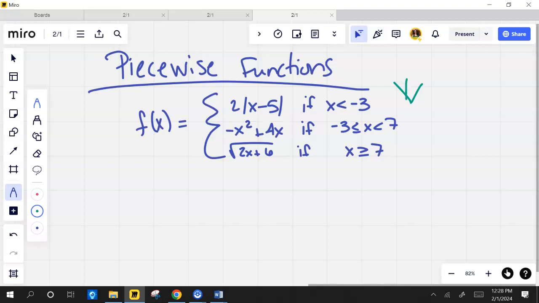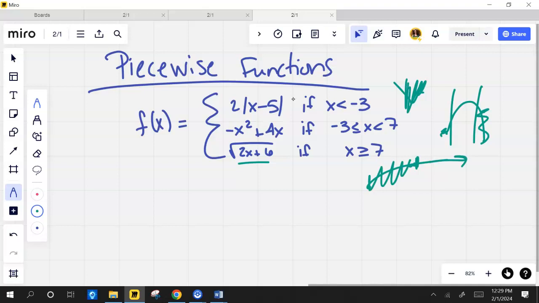So wherever -3 happens, it cuts off everything before that, or after that. And then this is a parabola that's upside down, but it's only the piece of the parabola that falls between -3 and 7, and none of the other parts are on there. And then this is a square root graph, but only when x is bigger than 7. So none of this would be on there, just that part.